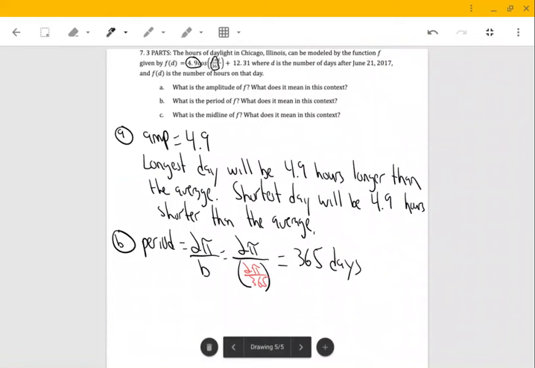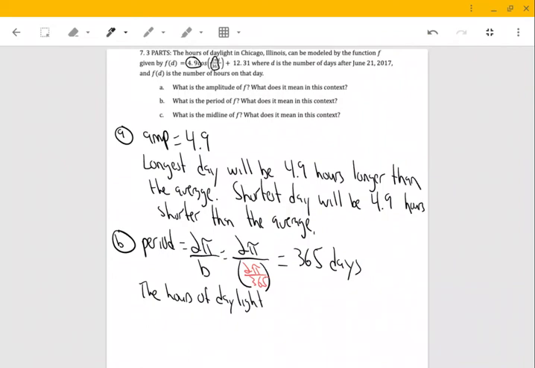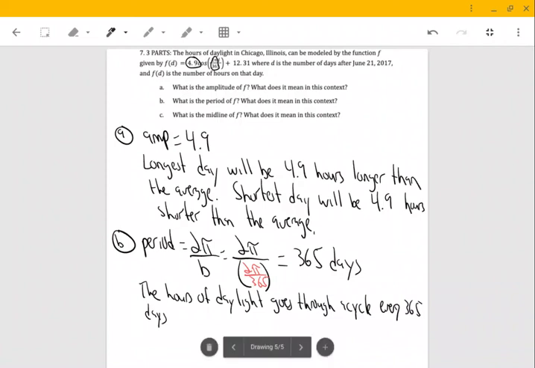So this tells me that the hours of daylight goes through a cycle every 365 days.